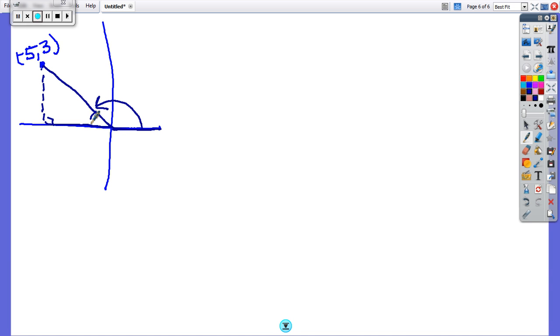So now we're going to change this to theta. But you need to remember that this side is actually still -5. This is still 3. And then we already found from the last problem that the hypotenuse has to be the square root of 34. So now this time, try to evaluate all 6 of those trig functions using this information.